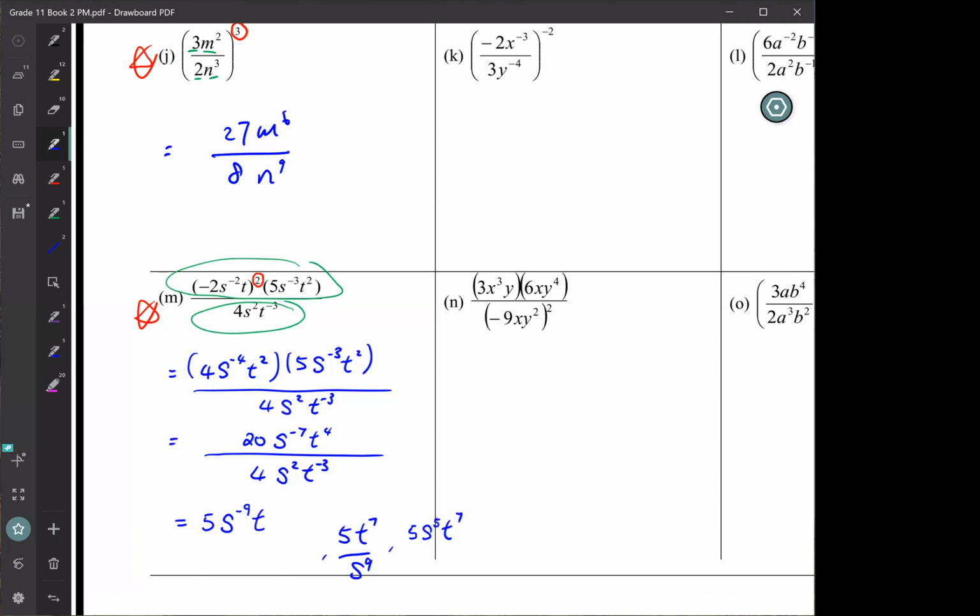Subtract a negative, become plus, right? So make it 7. So now because your final answer still has a negative exponent, to make a negative exponent become positive, you need to flip it to the other side, okay? So that's why the answer will become this one.